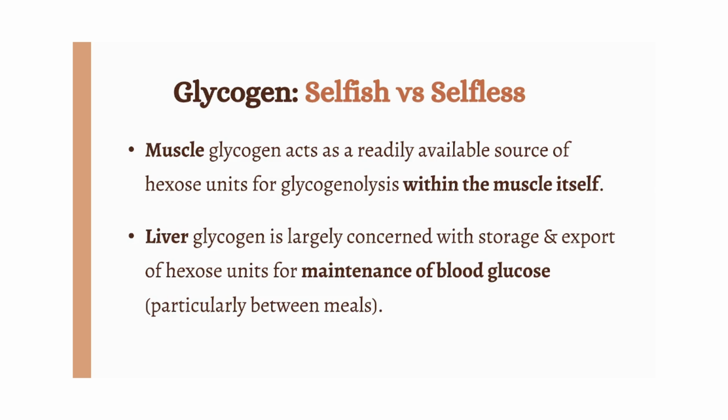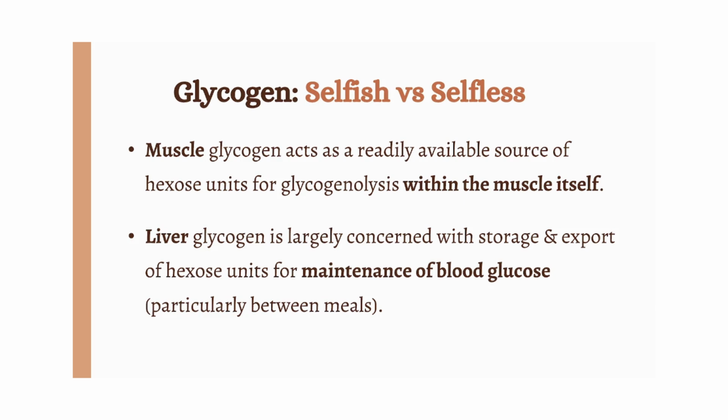Which one is selfish and which one is selfless? Muscle glycogen acts as a readily available source for use within the muscle itself, while the glycogen of the liver is used for maintaining the blood glucose level.